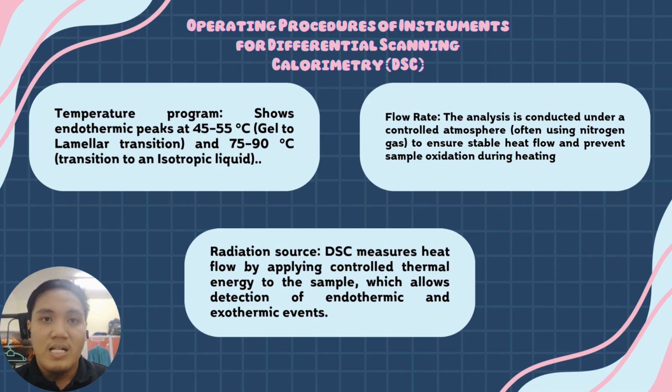Next, the flow rate. Analysis is always conducted under a controlled atmosphere, typically using nitrogen gas. This ensures a stable heat flow and crucially prevents sample oxidation during the heating process. Finally, the radiation source. The DSC measures heat flow by applying controlled thermal energy. This allows us to detect both endothermic and exothermic events within the sample.